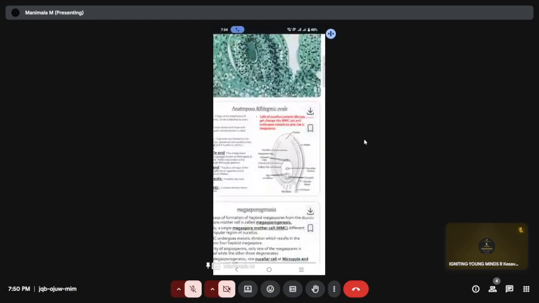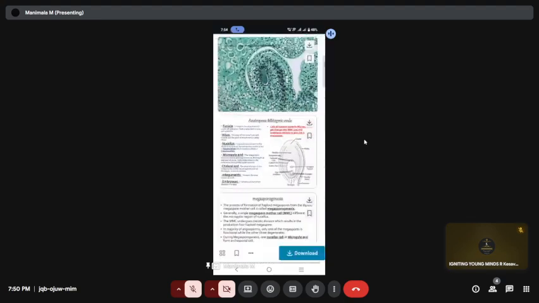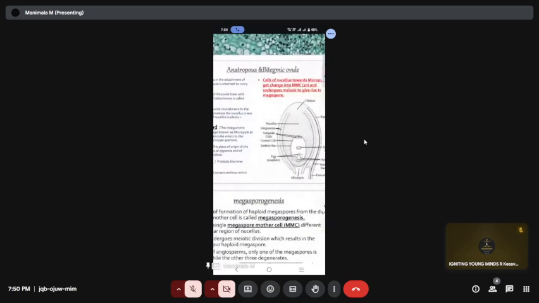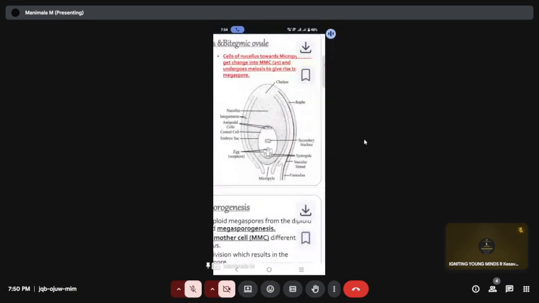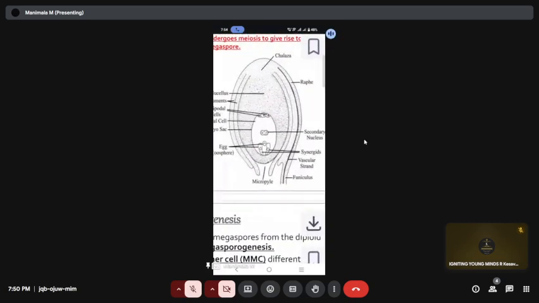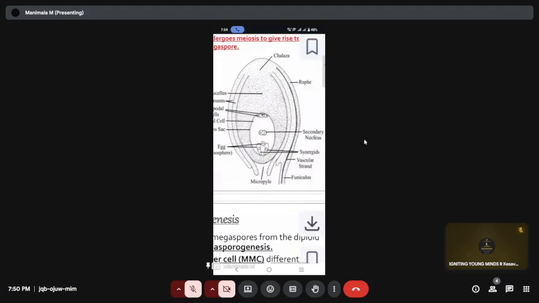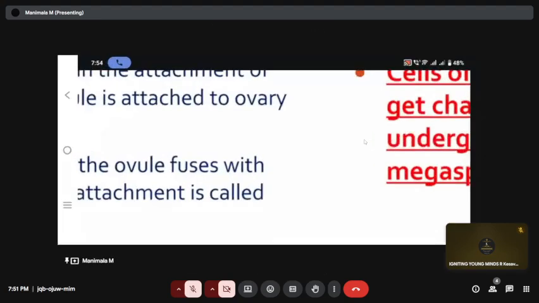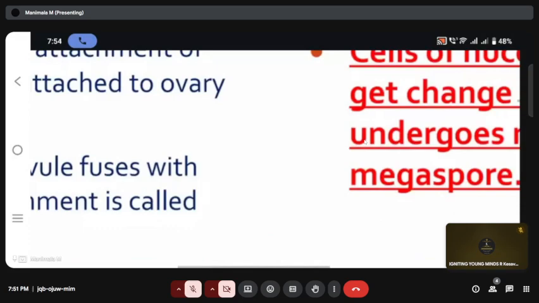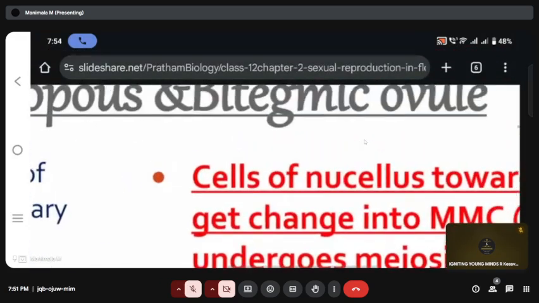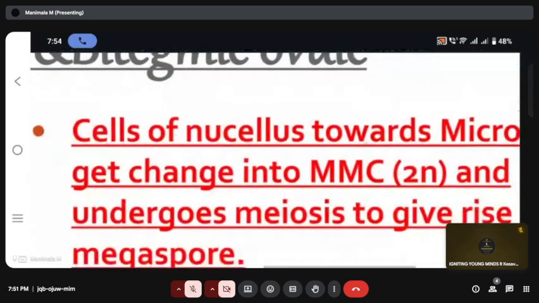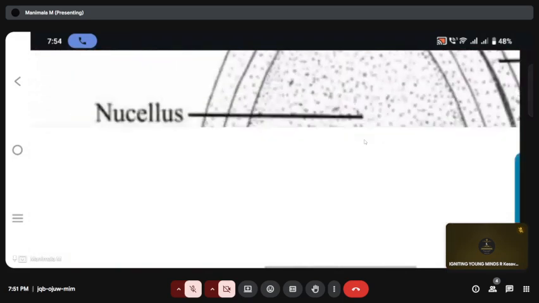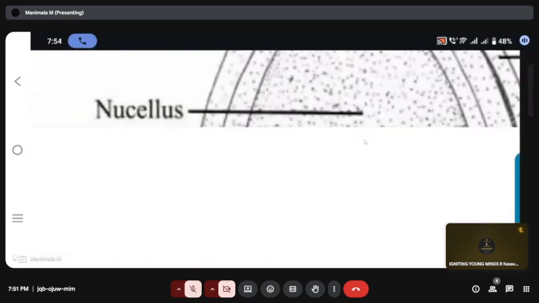Can you see this, ma'am? The entire slide? Can you see the structure? Ma'am, it will be helpful if you place it horizontally. It's showing only half to me.